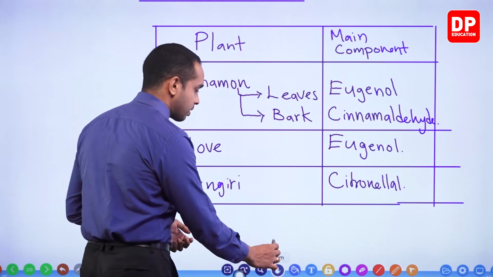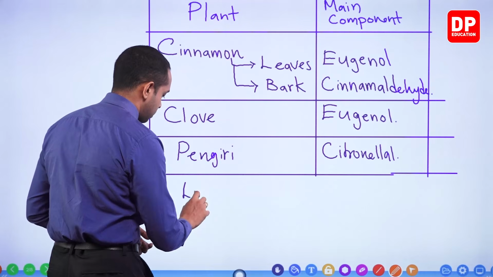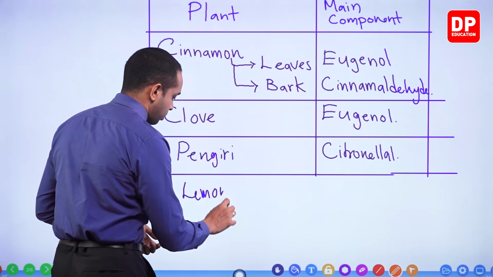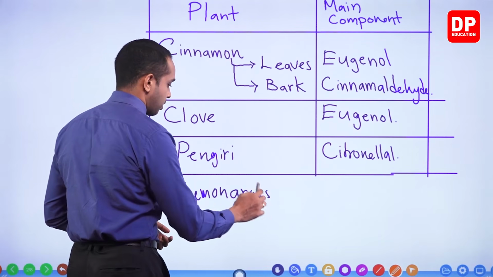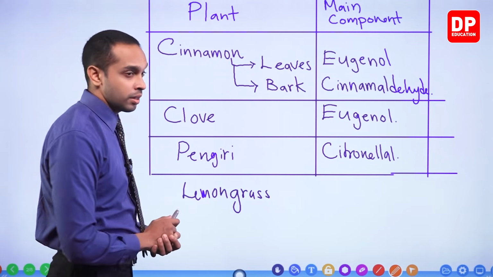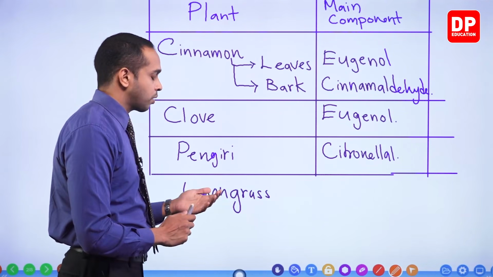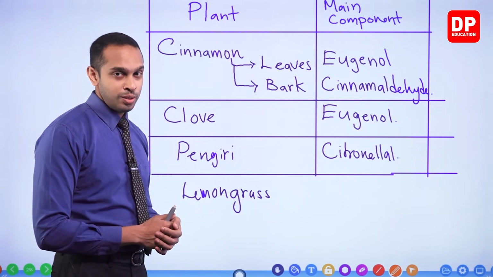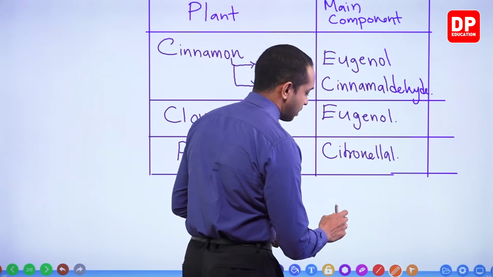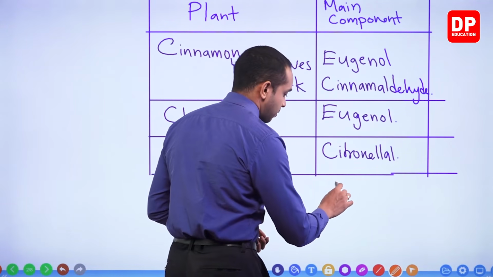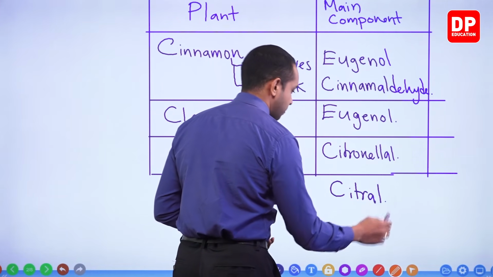Apart from that, we can also talk about lemongrass, also known in Sinhalese as sera. Lemongrass can also be used to extract an essential oil. It mainly contains citral. Right.